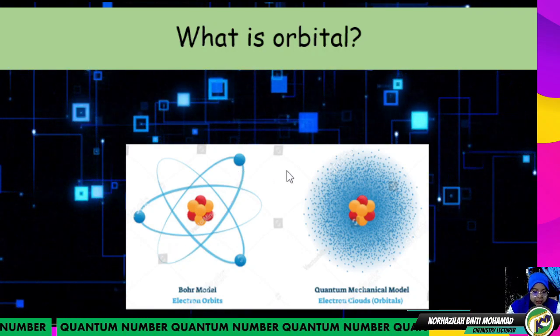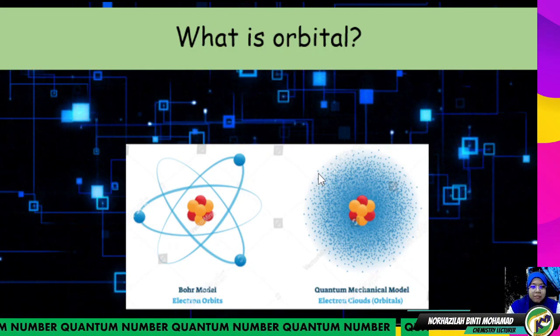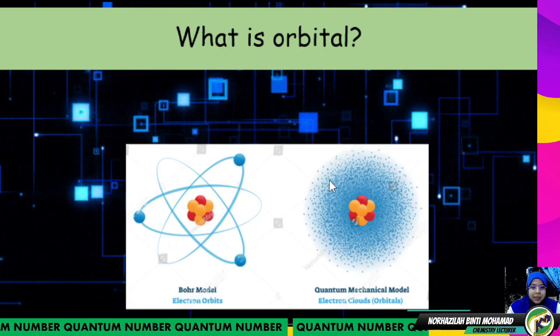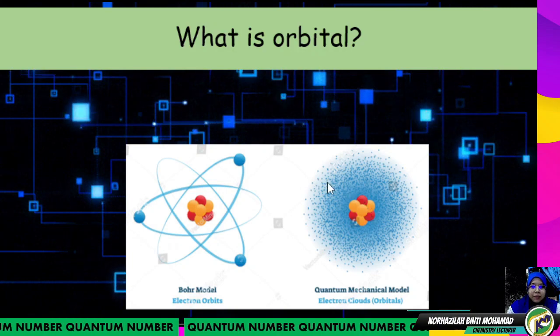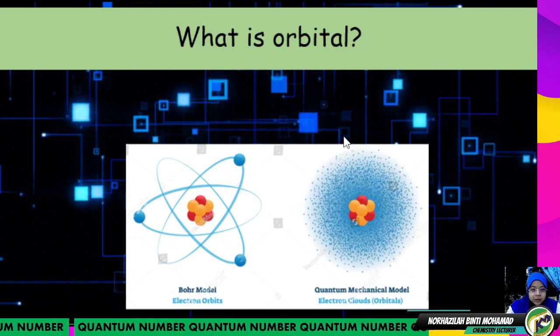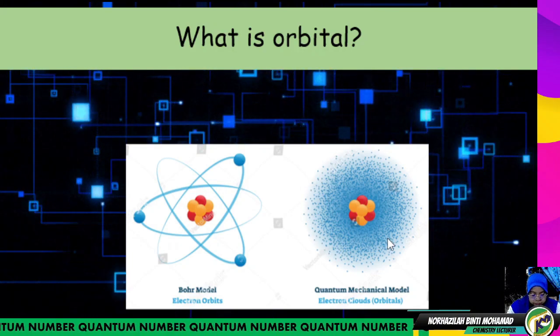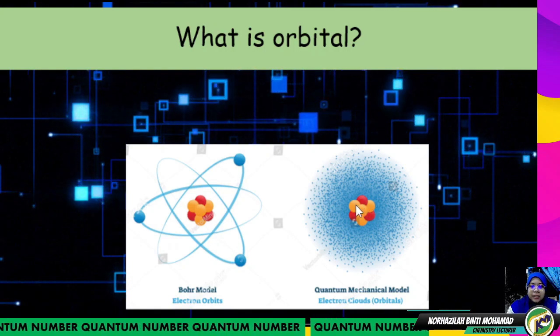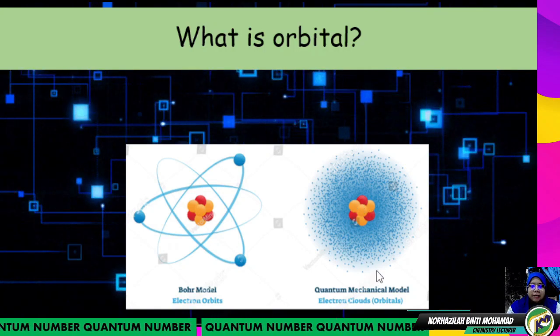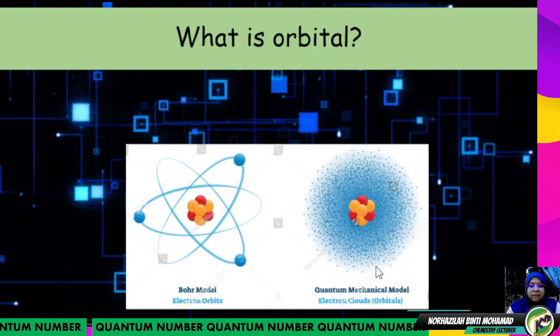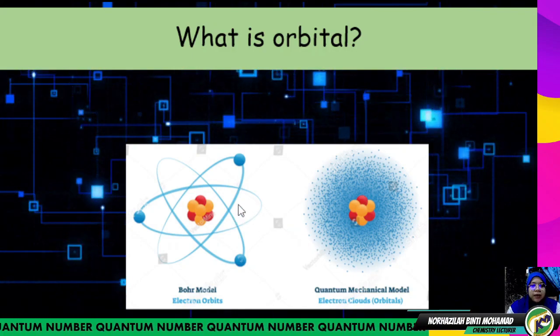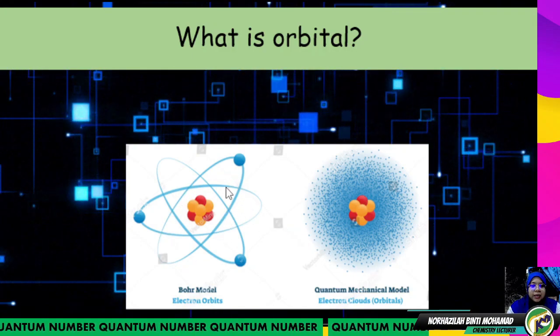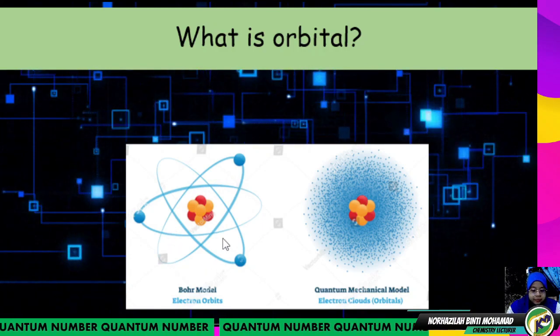But in this video, I will explain about the orbital that is based on the quantum mechanical model. So the exact location of electron that is described by the quantum mechanical model is a little bit different from the location of electron that is proposed in the Bohr model.